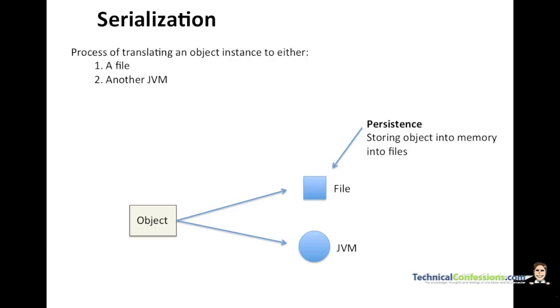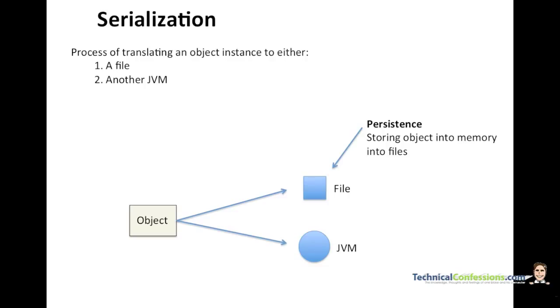So if you create an instance of a class, you can then store that or transfer that over to a JVM. Once you store it as a file, for instance, it's called persistence. So you're storing the object from memory into a file.